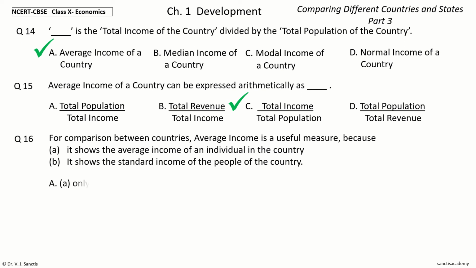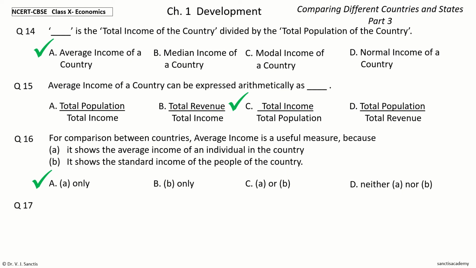The options are A only, B only, A or B, neither A nor B. Your time to choose. And the answer is A only. So, for comparison between countries, average income is a useful measure because A. It shows the average income of an individual in the country.